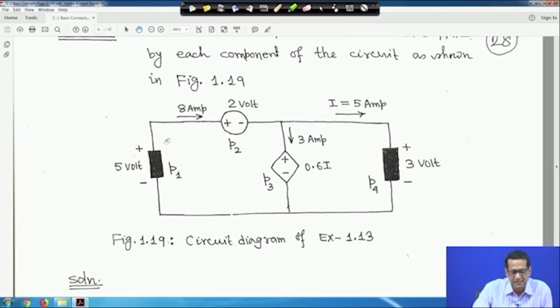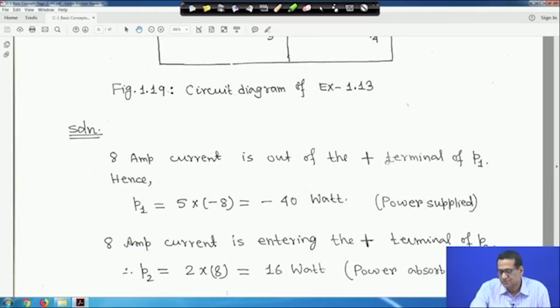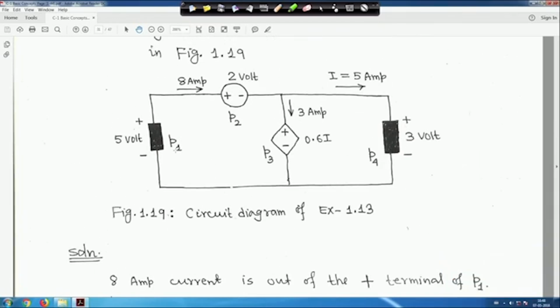This 8 ampere current is leaving the plus terminal, which means the sign will be negative and the power is supplied. So P1 will be 5 into minus 8, minus 40 watt, that is supplied.